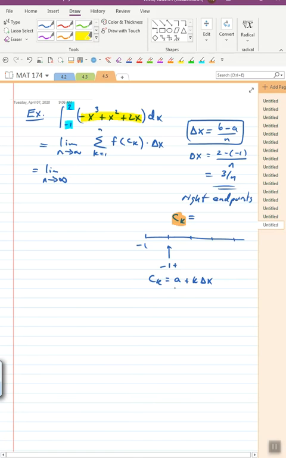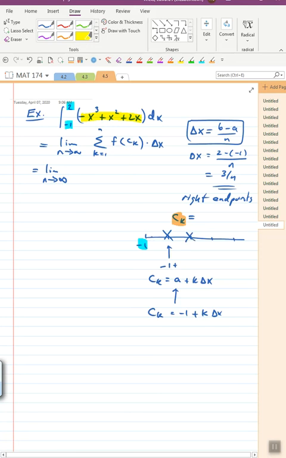Everybody remember that? A is the absolute left endpoint of the entire interval, which in this case is -1. So each one of those ck's is -1 plus some multiple of delta x. When I take -1 plus 1 times delta x, it's going to put me here. When I take -1 plus 2 of those, it's going to put me there.